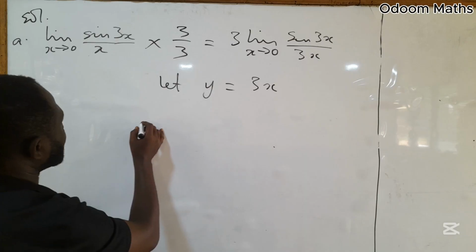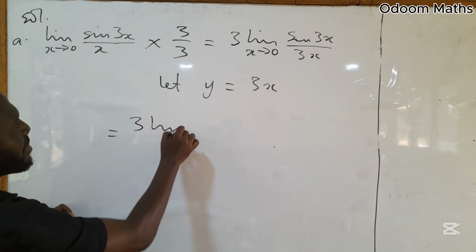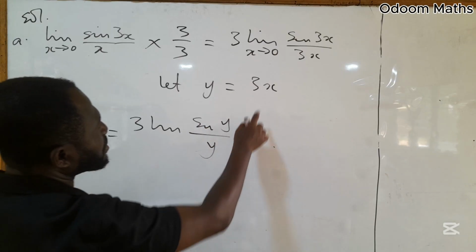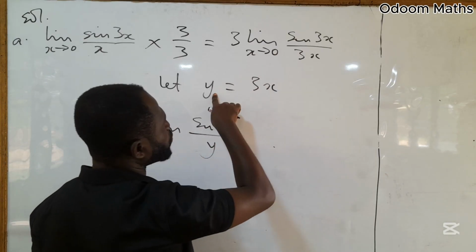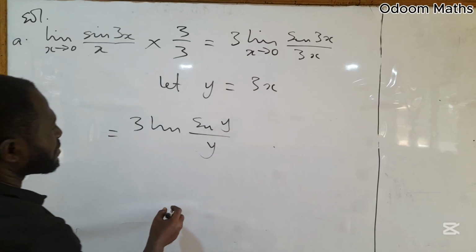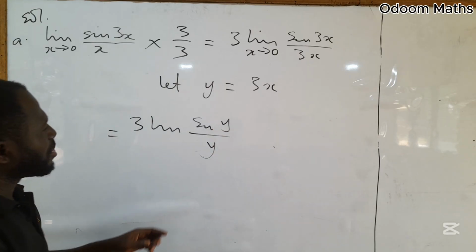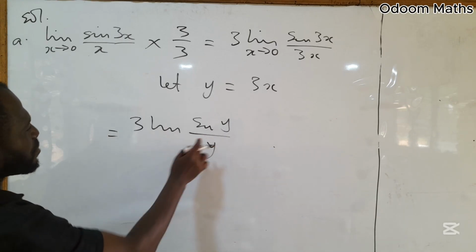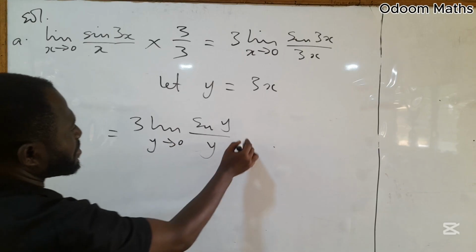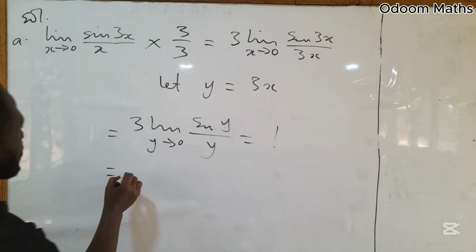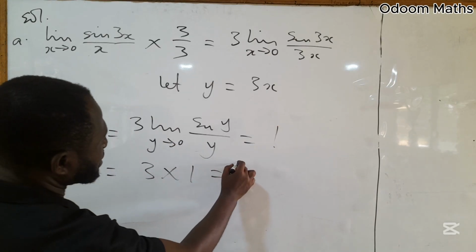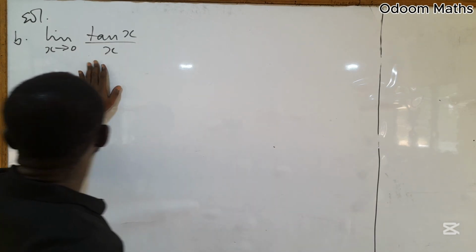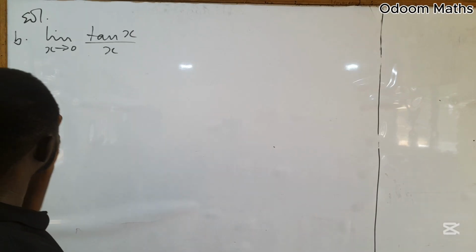So then I have 3 times the limit of sine y over y, because when we see 3x, we put y there. And the limit of this as y approaches 0 becomes 1. So it means that we have 3 times 1, and the answer is 3. That's all.